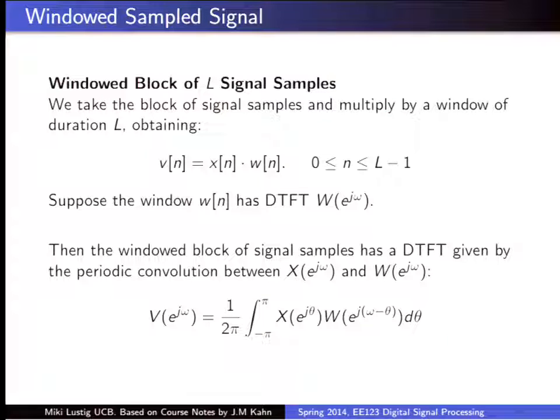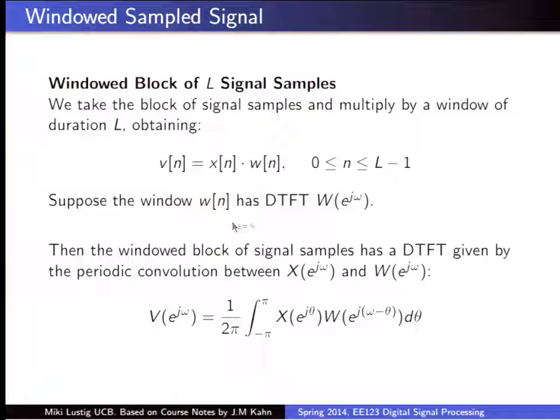Okay. So we take a block of signal and we multiply by a certain window. Now it could be that it is the rectangular one, but it doesn't have to be. For example, we can pick a triangle or a baby shape or a boa constrictor shape that eats an elephant. You can pick your favorite window.